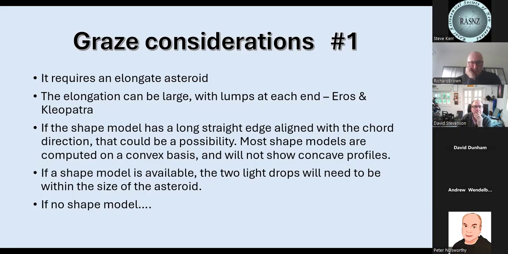The statistics of having the asteroid aligned suitably and having the right bumps at the right place is probably fairly low, but they do occur.